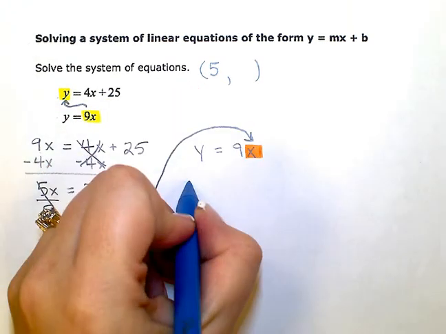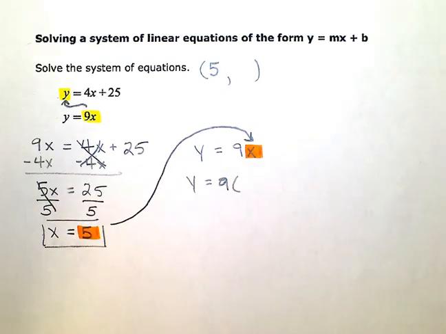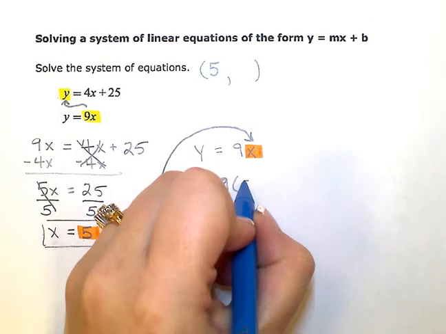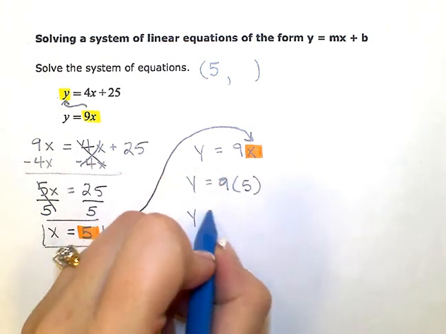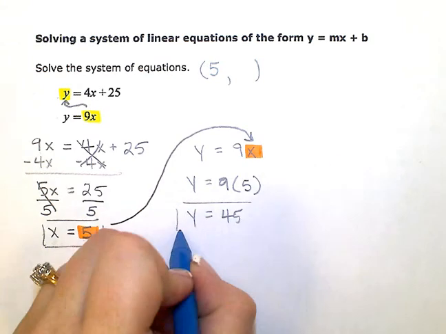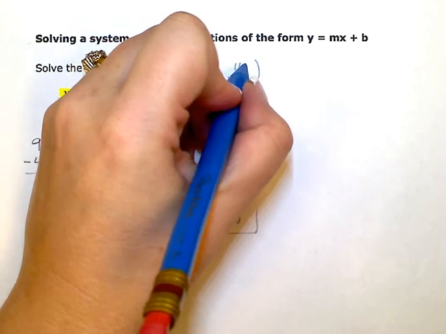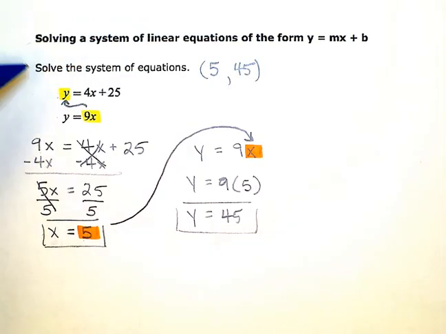So I'll have y equals 9, and instead of x, I'm going to put 5, and then just simplify. So 9 times 5 is 45, and there's the y value for my solution. So the solution to my system is the coordinate pair 5, 45.